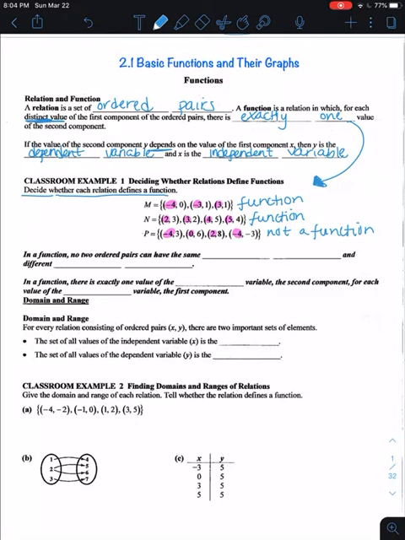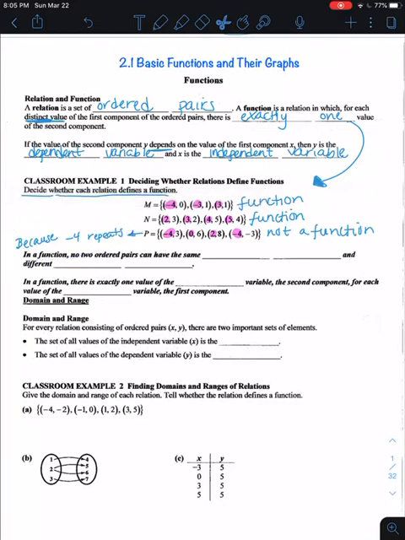So let's make a little note here. In case you look back, this is not a function because -4 repeats. So this is your reason. I'll move it down a little bit so you know it goes with that. All right.